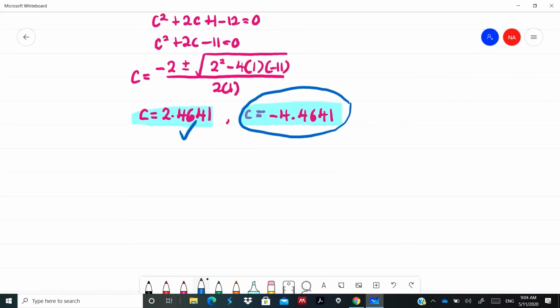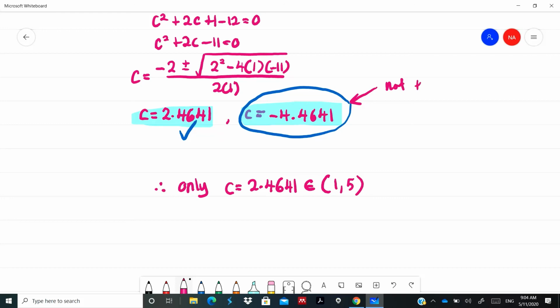So we conclude that c equal to 2.4641 is the answer, because it is between 1 and 5. But this one is not the solution for c. Why? Because c in this case is not inside 1, 5, which is outside the interval.